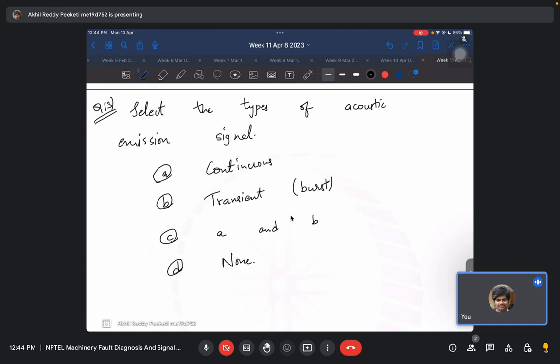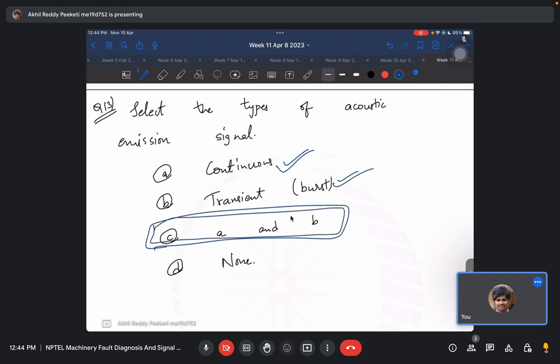Either they will be continuous or transient, like a sudden signal and then nothing and again sudden, or continuous with one amplitude, or both of them are possible, or none. The acoustic signals can actually be continuous or transient, so the answer is both A and B. It doesn't have to be only one. It is possible for both types of acoustic emission signals to be available.